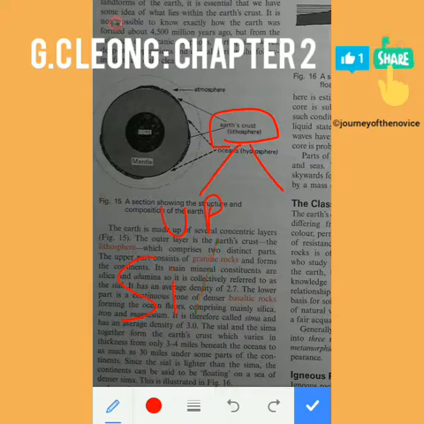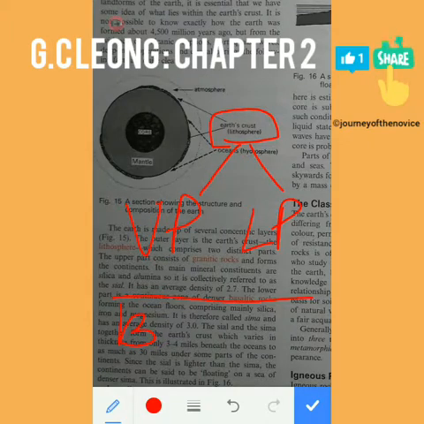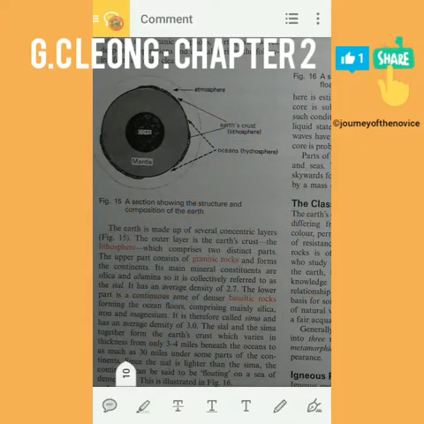Next, if we talk about the lower part, as we know it is denser, so it will be below the upper part, and the upper part will float on the lower part. The lower part with greater density is a continuous zone, and it consists of basaltic rocks. The upper part was made up of granitic rocks; the lower part is made up of basaltic rocks.